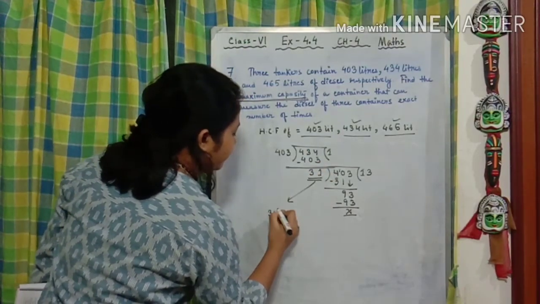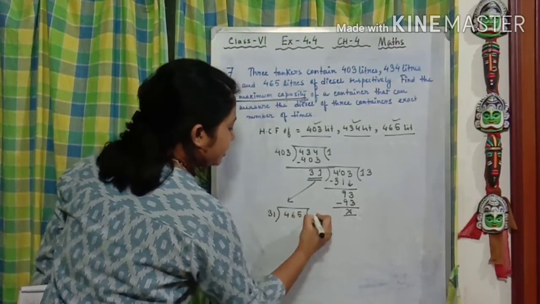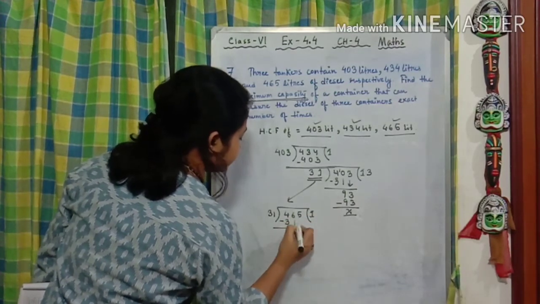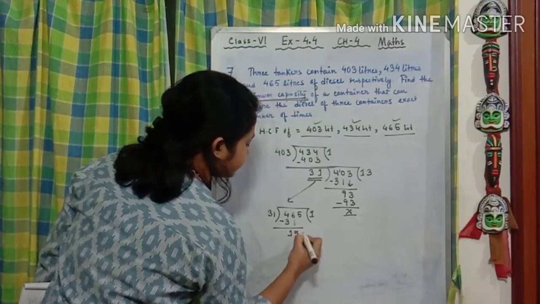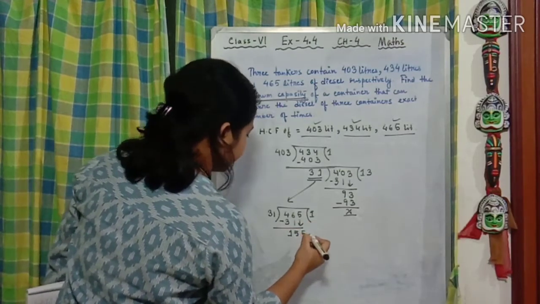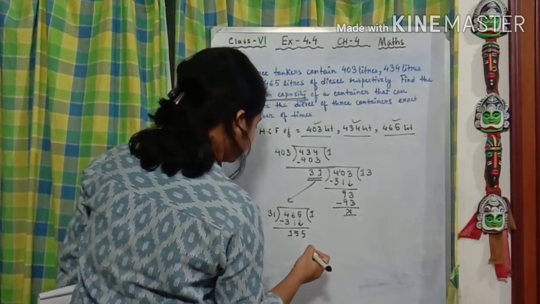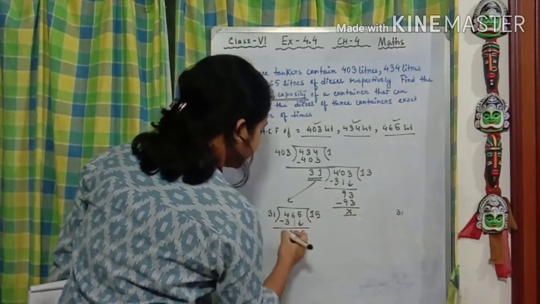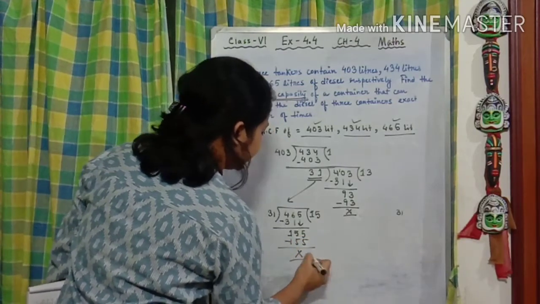So 31 once again will divide 465. 31 ones are 31, and 5 comes down. 5 ones are 5, 5 3s are 15, so here 155 gets completely divided.